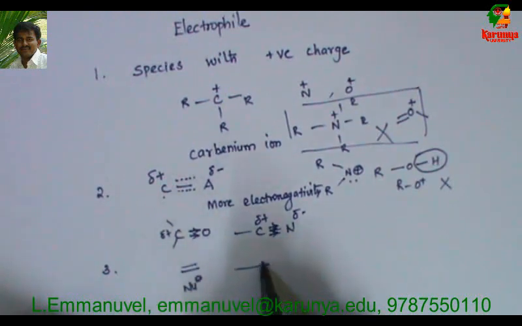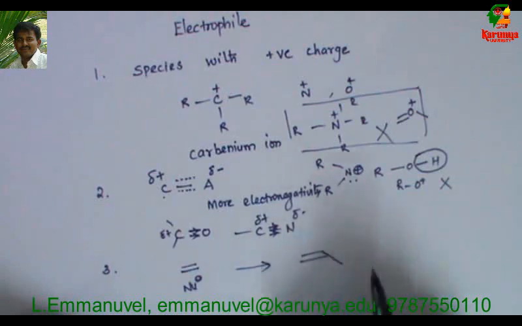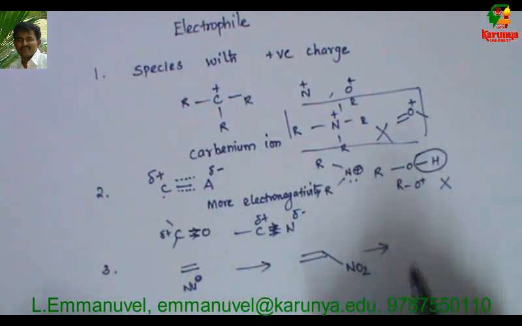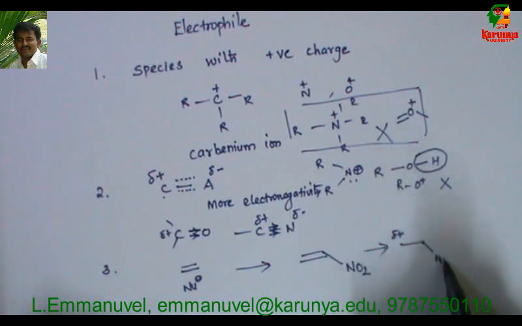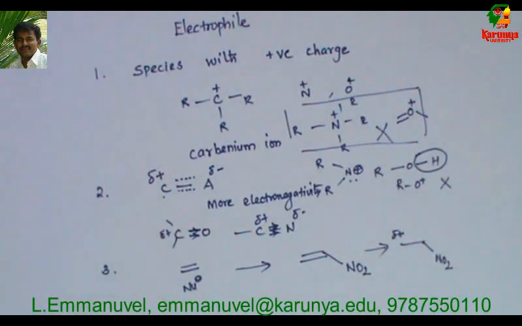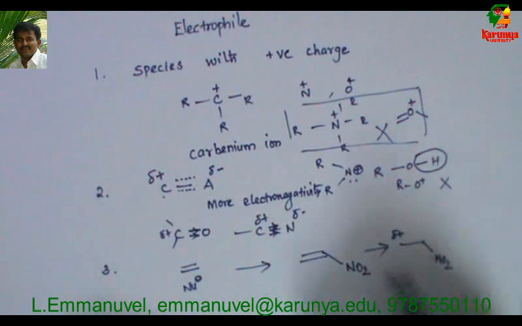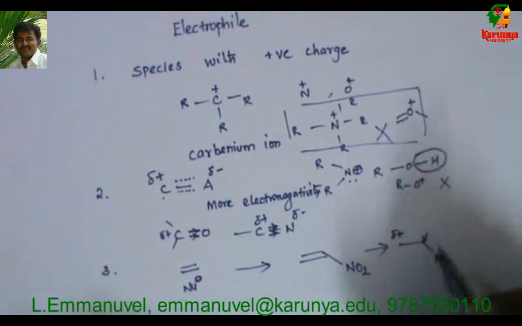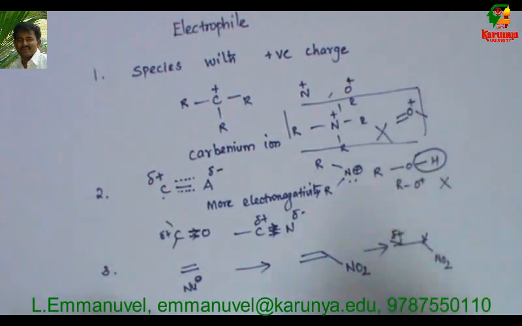It has more electron density. But when you attach some electron withdrawing group like this, then this carbon becomes positive. So the carbon which is on the next carbon, not this one. So a carbon which is next to the electron withdrawing group will get positive charge.